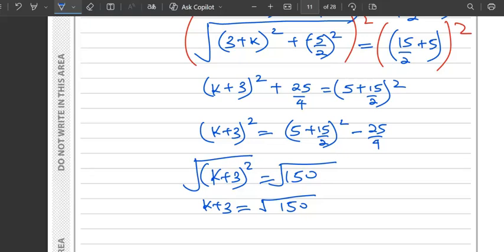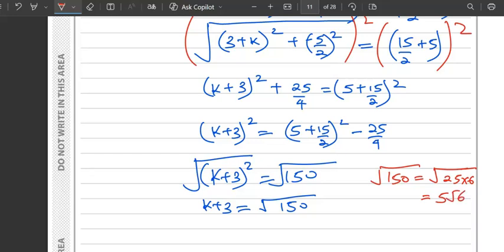Now the square root of 150 can be written as the square root of 25 times 6, and you see this can be simplified as 5 root 6.